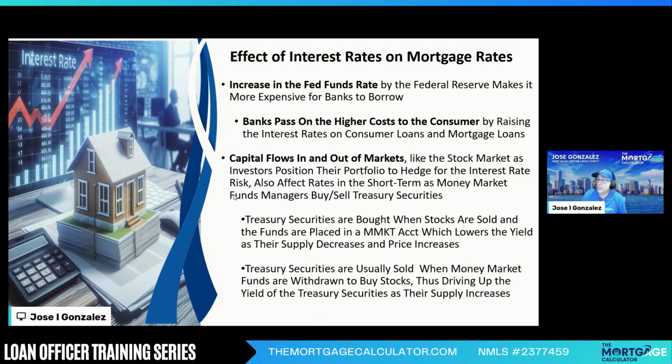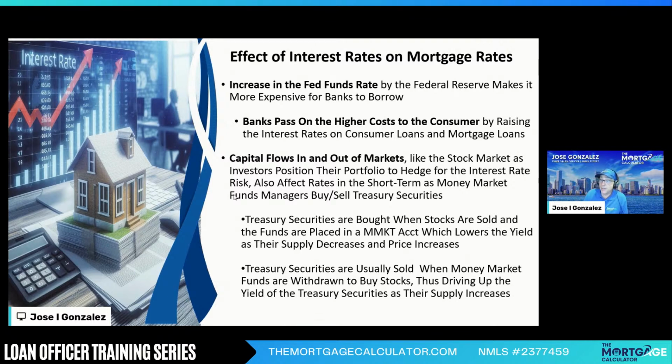Investors tend to park their money in a money market fund when they're waiting to invest. In this case, they may tell the fund manager, I need my money, I'm going to buy some stocks. So the fund manager has to liquidate treasury securities in order to give the money to the investor so that they can go and buy stocks with the funds that they have in the money market account.